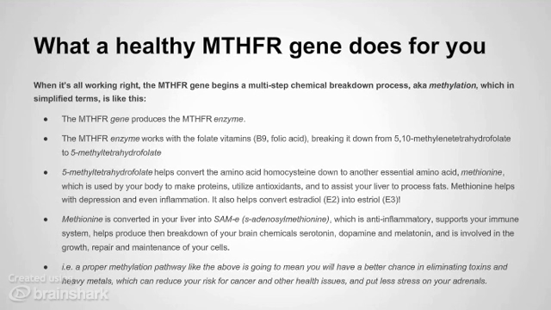And so the proper methylation pathway is the way the body repairs itself. It eliminates toxins and heavy metals, reduces the risk of cancer, and also puts less stress on the adrenals. The other thing is methylation is the way DNA repairs itself. So if there is an abnormality in methylation, people age quicker.